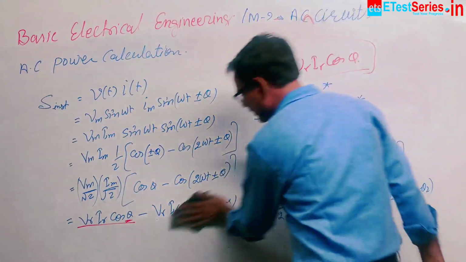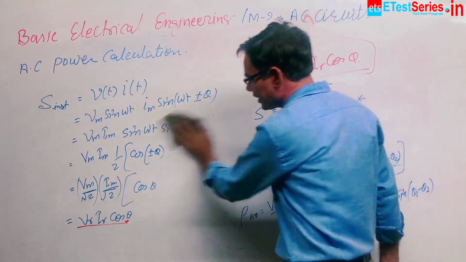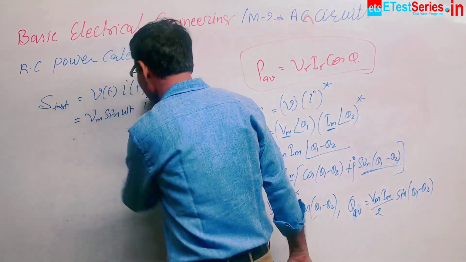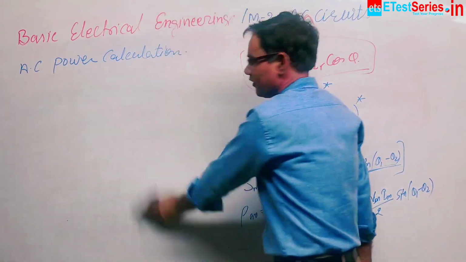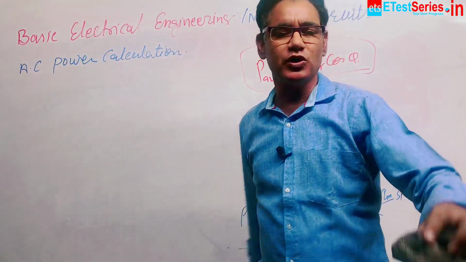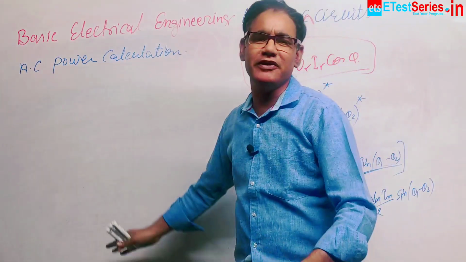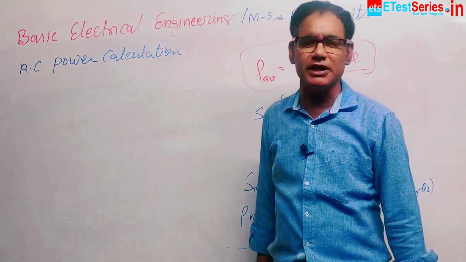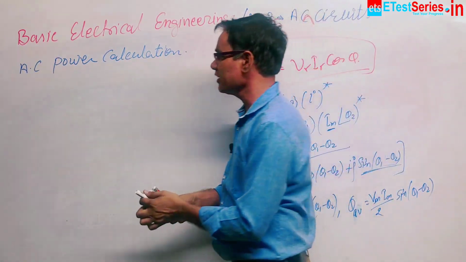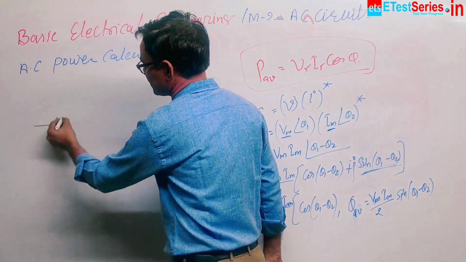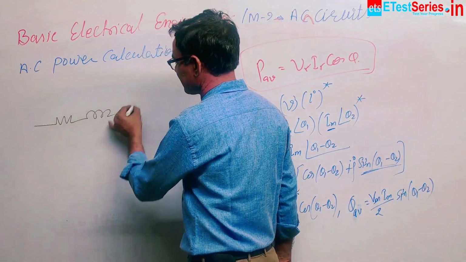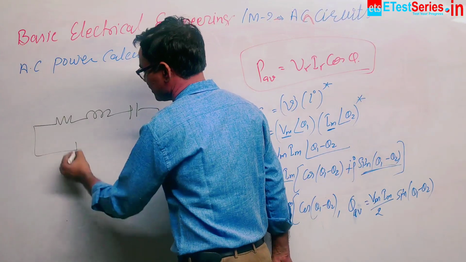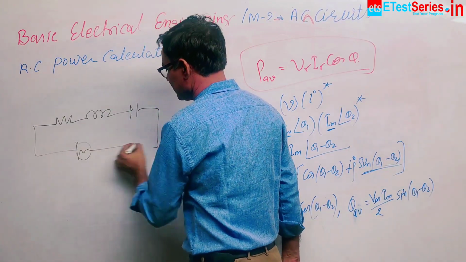Otherwise also, we are taking one more example to clarify it very simply, to represent the power in an alternating current circuit. Suppose that there is a resistance, an inductance, and a capacitance, all three components in a circuit, and there is an AC alternating source.